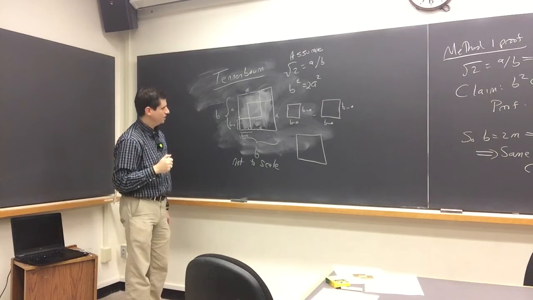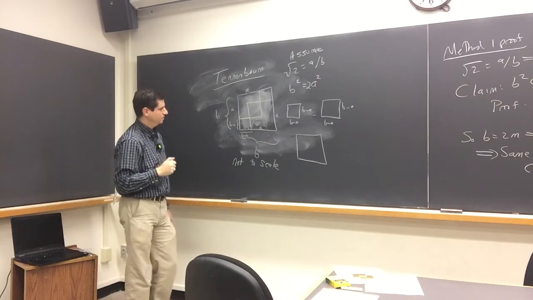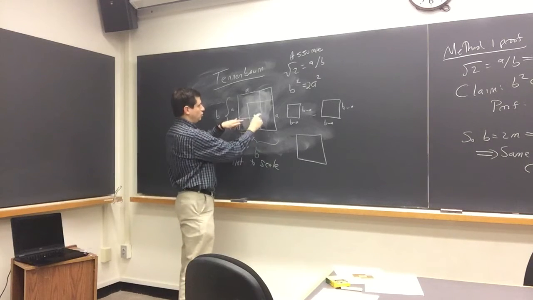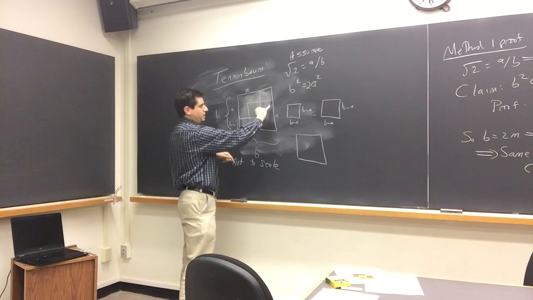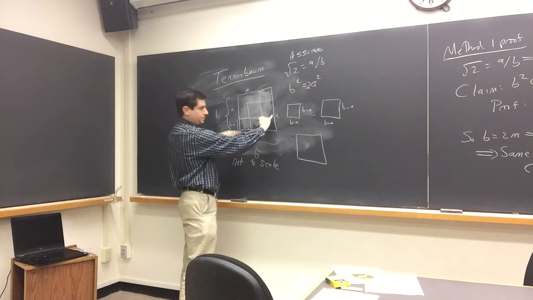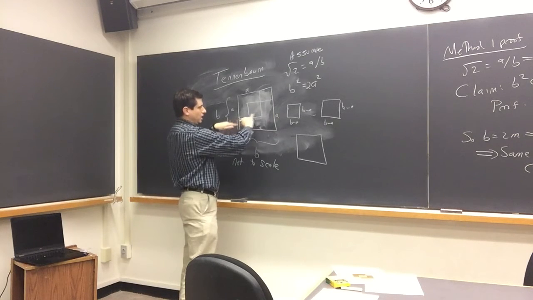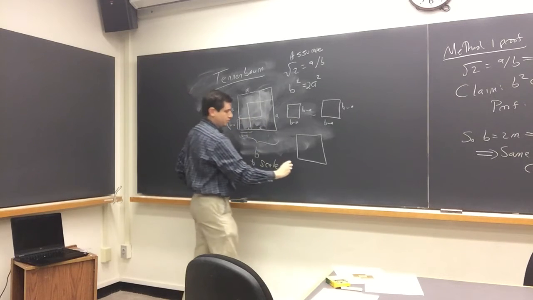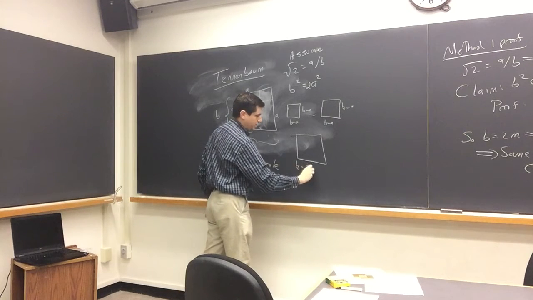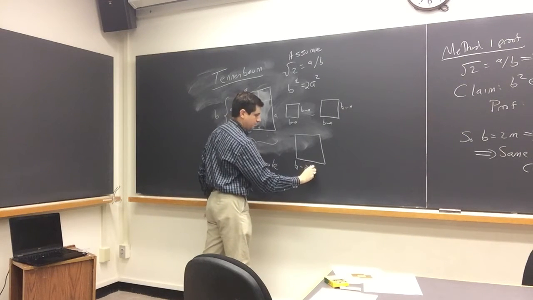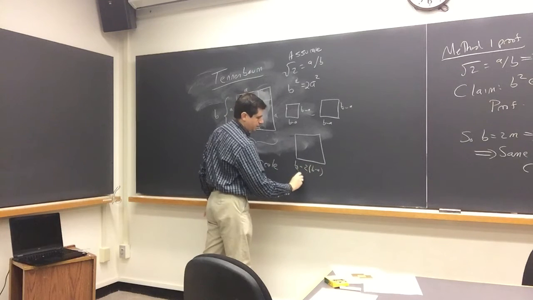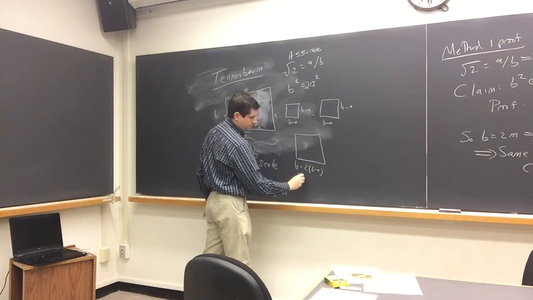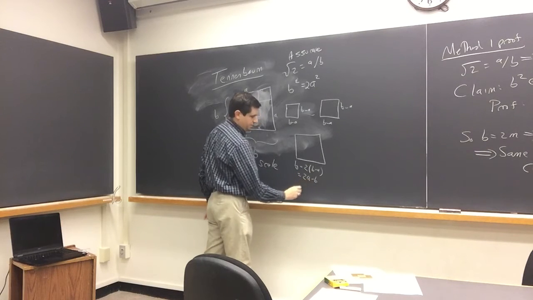Okay, so how did you get 2a minus b? So I did b minus 2, b minus a. Good, because this thing over here is the same as down over here. So this whole horizontal is b, so this is b minus twice b minus a. And then that's going to become 2a minus b, right?